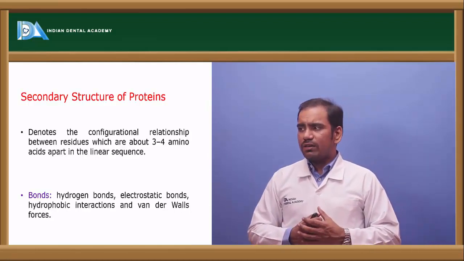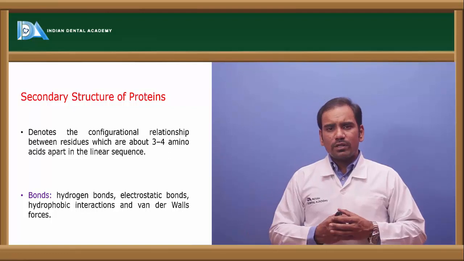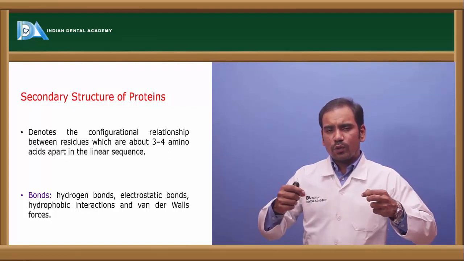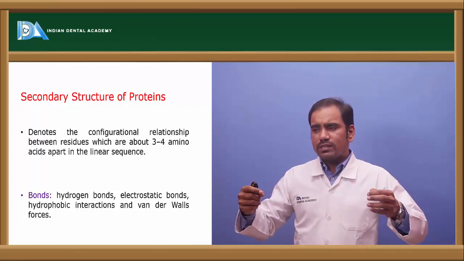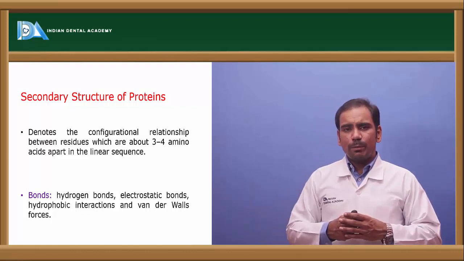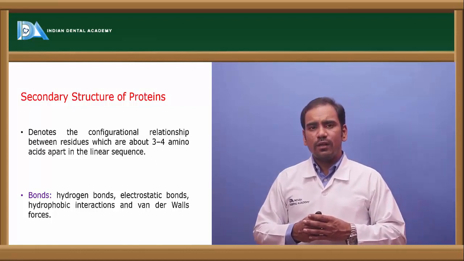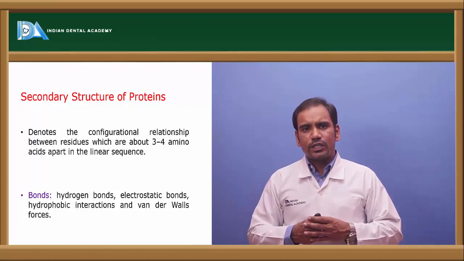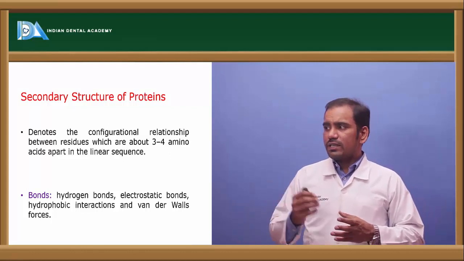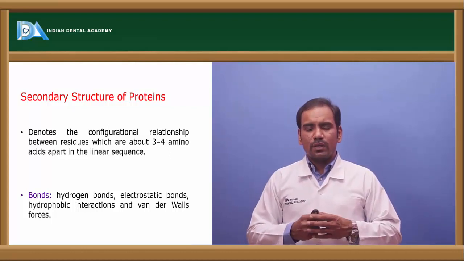Coming to the secondary structure of protein. The primary structure is the sequence of amino acids in a polypeptide chain, and the secondary structure results from the configurational relationship between residues at a distance of 3 to 4 amino acids.